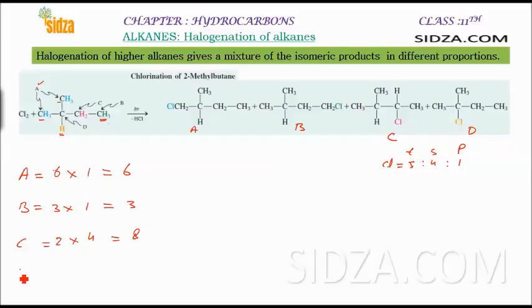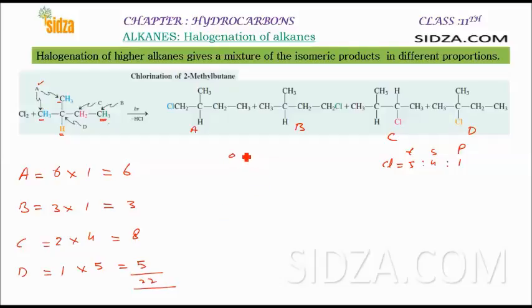And for molecule D, the number of tertiary hydrogen is 1. The order of reactivity is 5. So 6 plus 3 plus 8 plus 5, the total is 22.